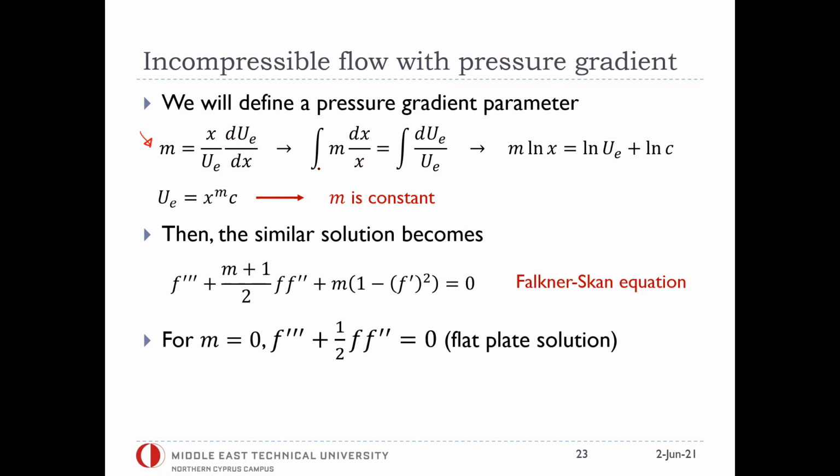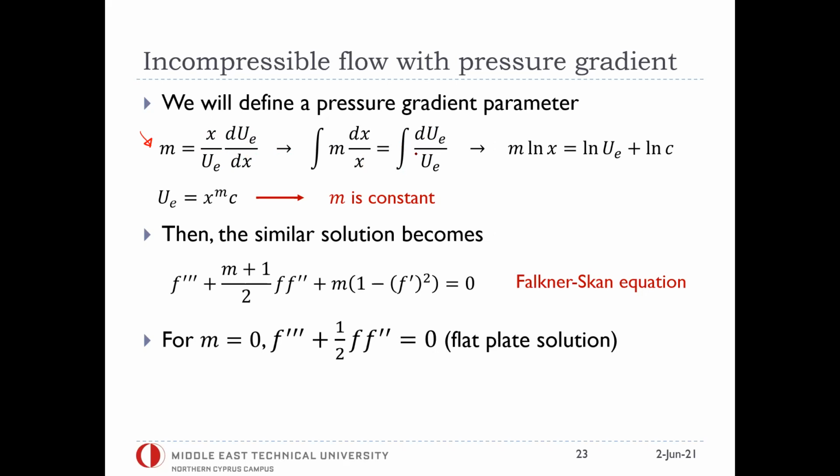From here, there's a mathematical relation. If I take x to the left-hand side of this equation, m times dx over x will be equal to 1 over u edge, and I keep du edge on the right-hand side.